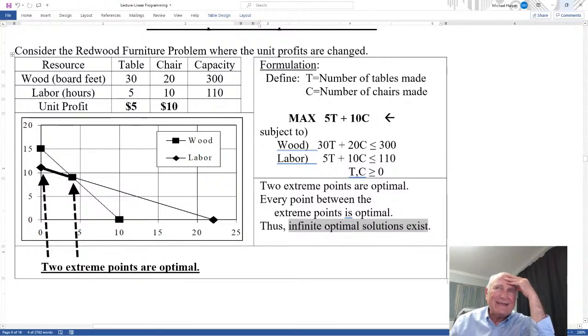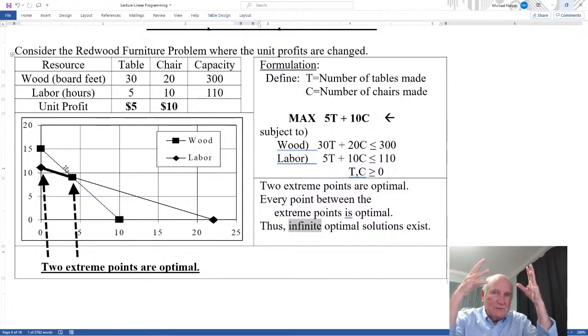Now, when I say infinite, we can make 1.2 tables or we can make 3.5 tables and 8.6 chairs, because LP doesn't give you integer solutions. It gives you real values, rational and irrational numbers. So theoretically, there's an infinite number of solutions between those two extreme points.